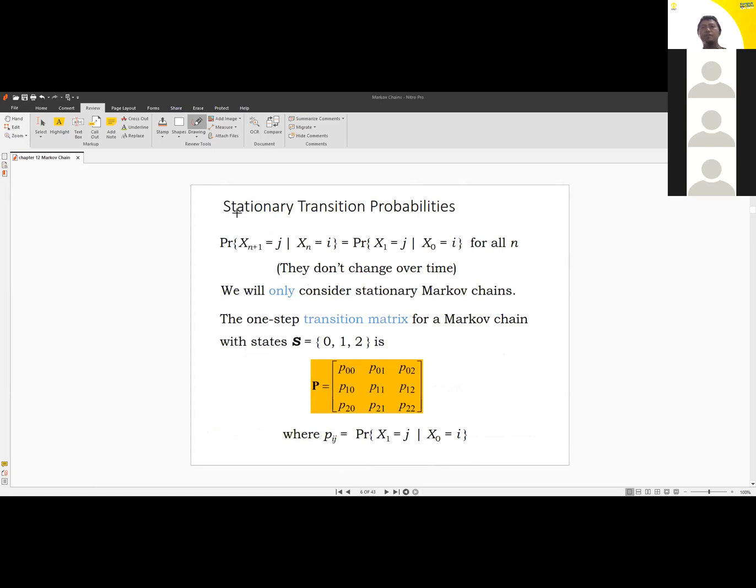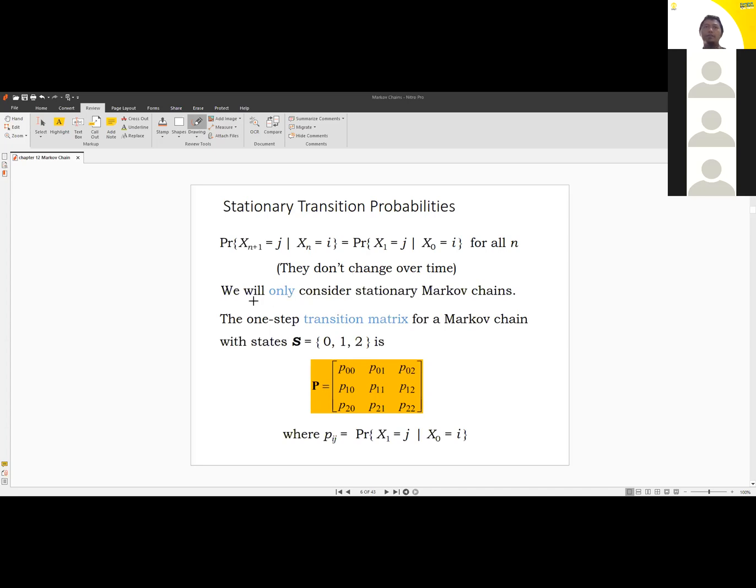From the meaning of stationary transition probability, the probability that X n+1 equals g, given the previous state Xn equals e, is equal to the probability that X1 equals g given X0 equals e, for any time n, meaning they don't change over time.